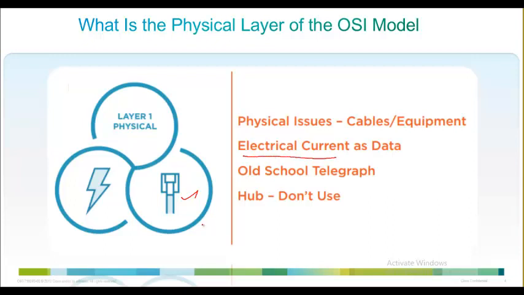Over the cable, it is sent as electric current, like the telegraph machine. In olden days, we used to have telegraph, right, to send a quick message with a wire. Data is sent and received over Wi-Fi in the form of radio waves, not electric current.